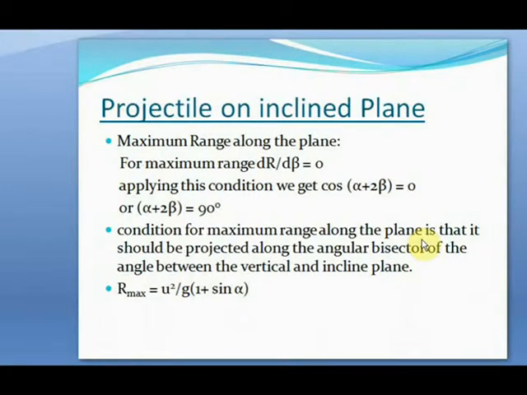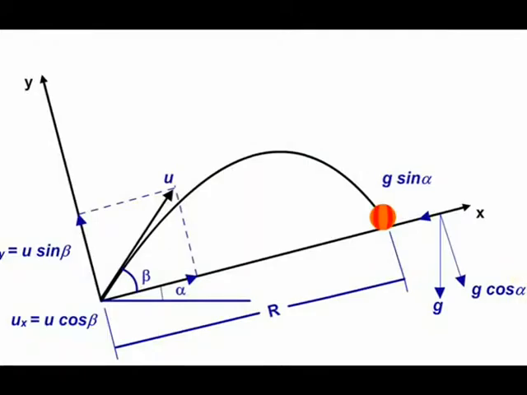Now the value of beta is 90 minus alpha by 2, which implies that the condition for maximum range along the plane is that the projectile should be projected along the angular bisector of the angle between vertical and inclined plane. So let's see this in the figure. Now the angle between vertical plane and inclined plane is 90 minus alpha, because this is our inclined plane which is at an angle alpha to the horizontal plane, and this is our vertical plane, and this is our inclined plane.